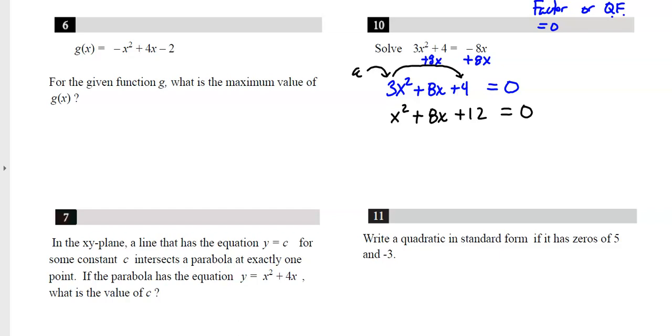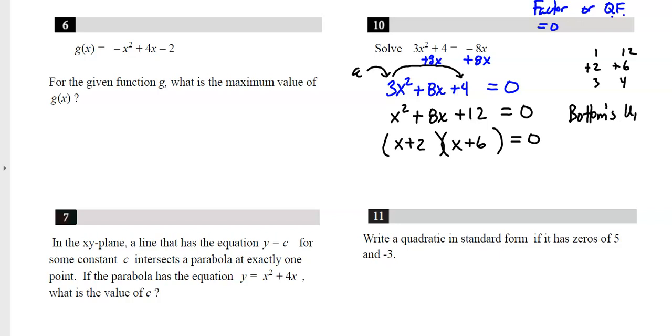So factor like normal. The ways to make 12 are here. And the only way to get an 8, I believe, is to add these two together. So you're going to get x plus 2, and then you're going to get x plus 6 equals 0. And now because we did bottoms up, I need to undo what I just did.